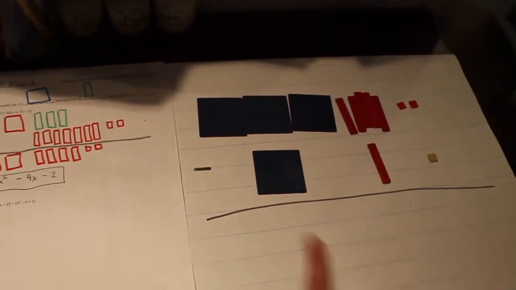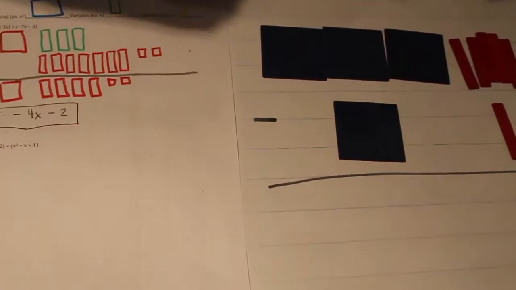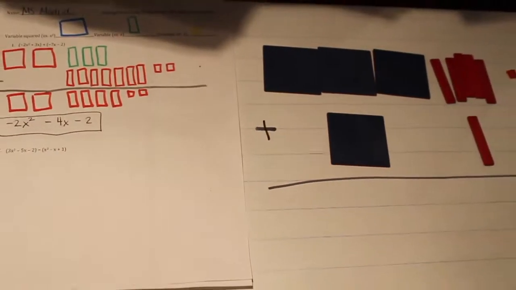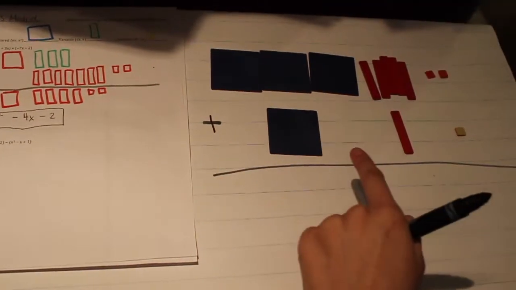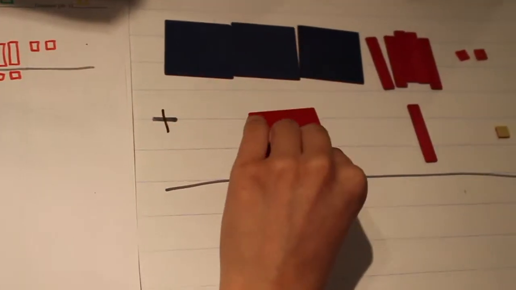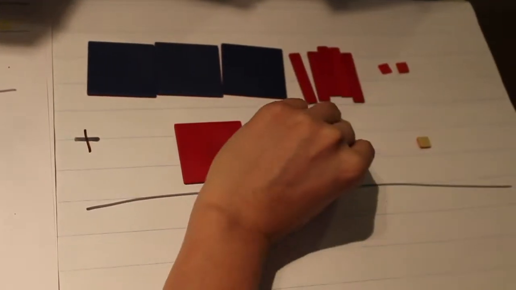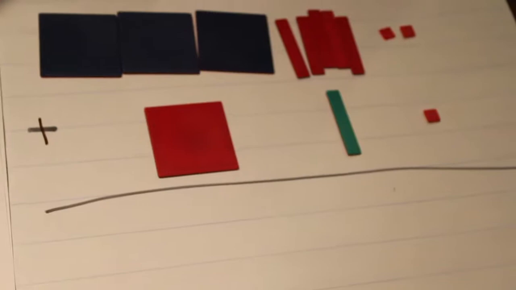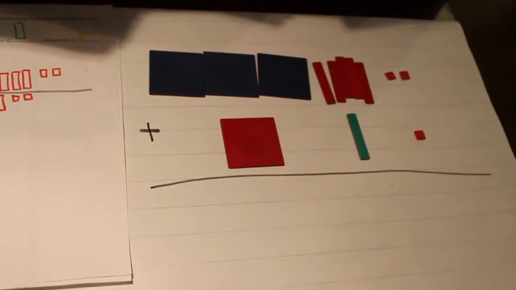But when we are subtracting, we can change the sign to an addition, and when we do that, we must flip all the tiles after the sign, and that'll change them to their opposite. So we flip this one, so it goes from positive to negative. Flip this one, goes from negative to positive. Flip this one, goes from positive to negative. So let's copy this onto our notes.